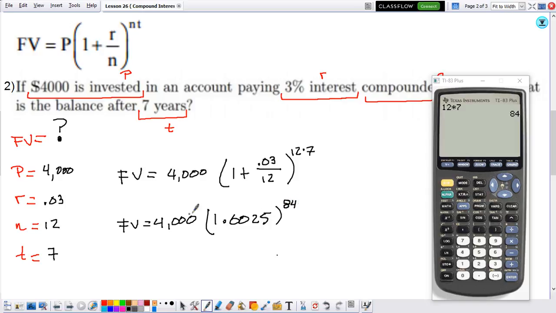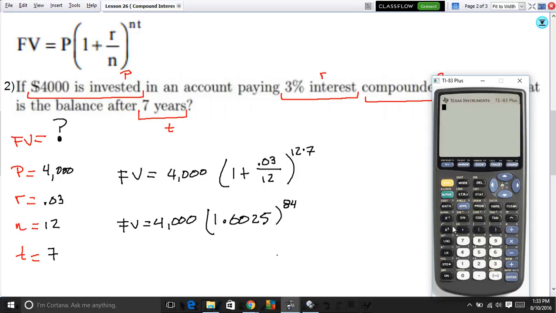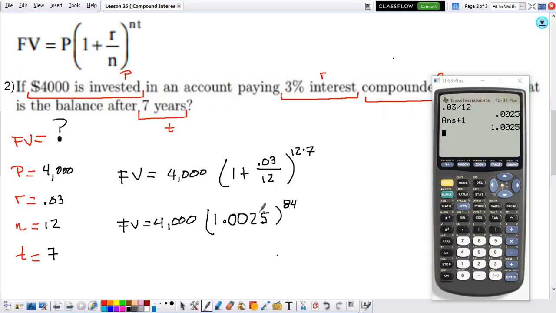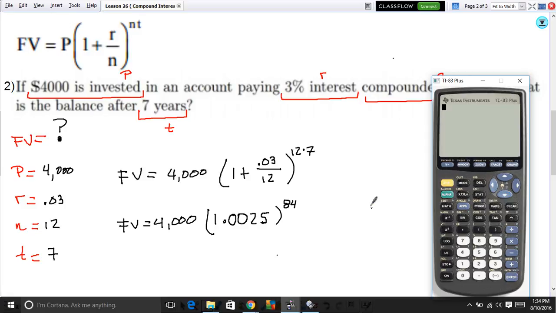Excellent. So now we can just put this in the calculator. Let's erase this, and let's just put the whole expression in the calculator. So we got 4,000, parentheses, 1.0025.